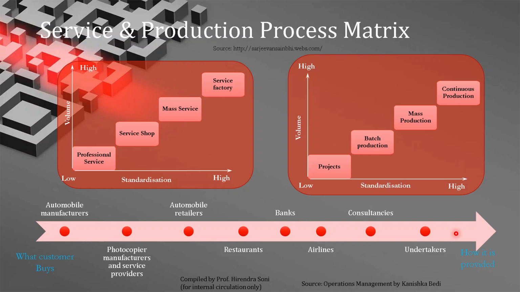Whenever a customer buys a product, he doesn't buy only just a product, he buys the services too along with it. So different industries, different products, in some cases products are of prime importance, in some cases services are of prime importance, but in reality you will always find that products are always preferred along with the services.